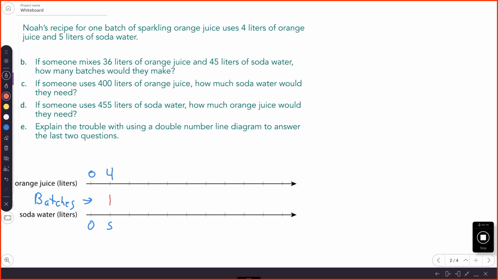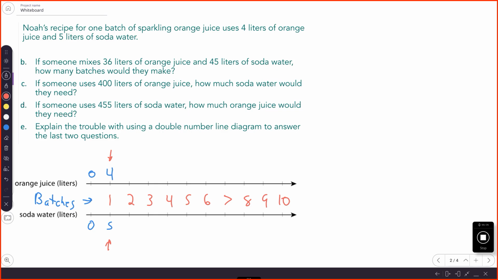And so now that we know our ratio, now that we know the pattern, you can see this is going to be going by 4s. This is going to be going by 5s. And each batch, 2, 3, 4, 5, 6, 8, 9, 10 batches. You can go further if you need. They may ask for more batches later on. But right now, let's look at this.